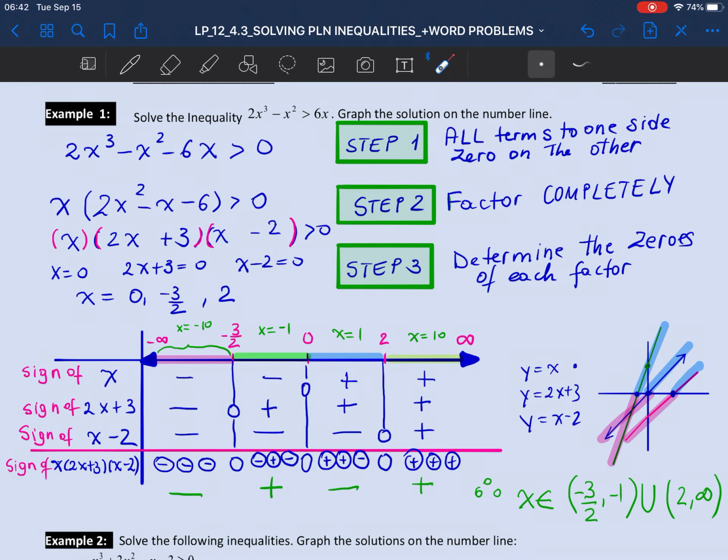Now, two things that I want to emphasize. This symbol here means united, so it's like a big U. It means join. So this is when we add two sets of numbers. So we don't use the plus symbol, but we use this symbol. Now another thing you need to keep in mind is that here we want the product to be bigger than 0, which means the zeros won't be included, and you will indicate it by using round brackets instead of square brackets.